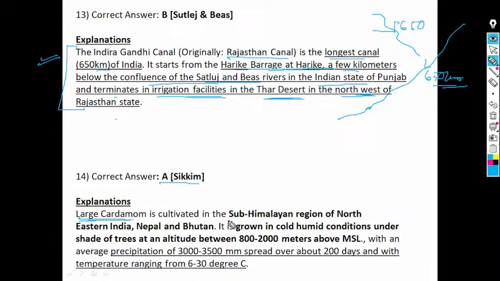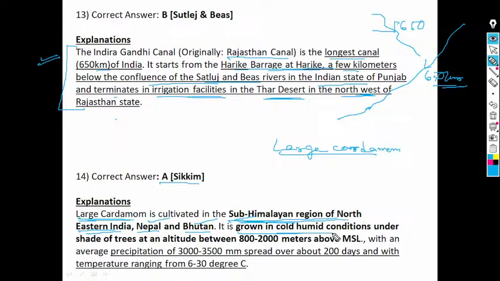Large cardamom is cultivated in the sub-Himalayan regions of northeastern India, Nepal and Bhutan.